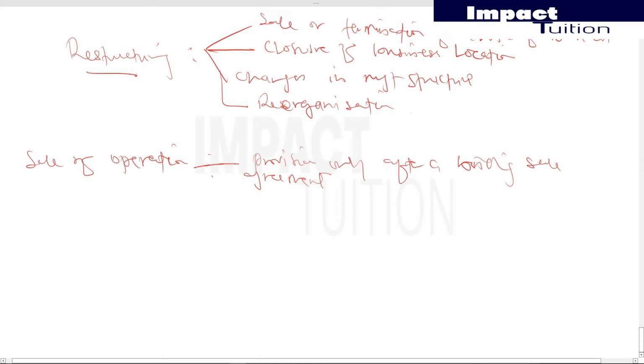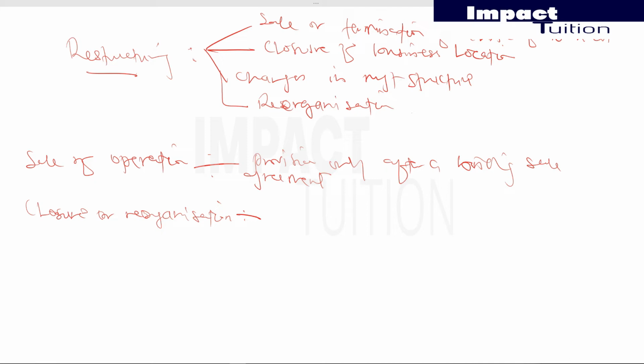Now closure or reorganization. For questions relating to provisions, they're usually scenarios, and then you'll be given some figures, and you just have to come out with the provision amount and why you think that is the amount. So you must understand issues from the standard.